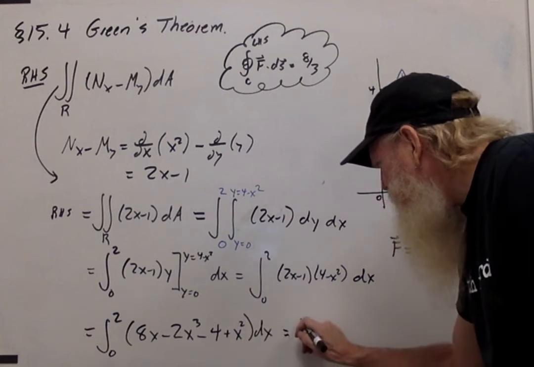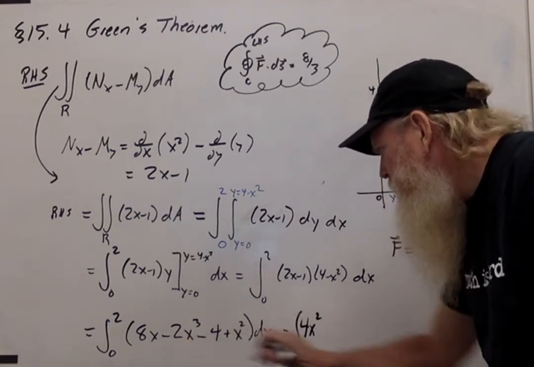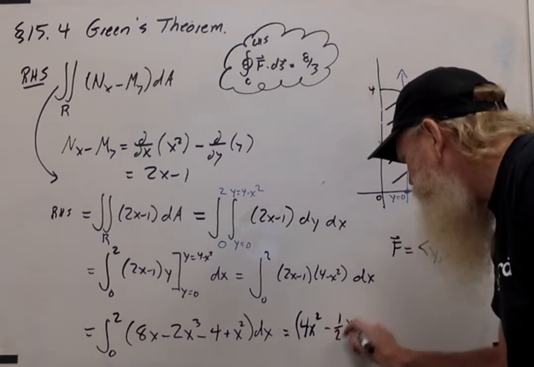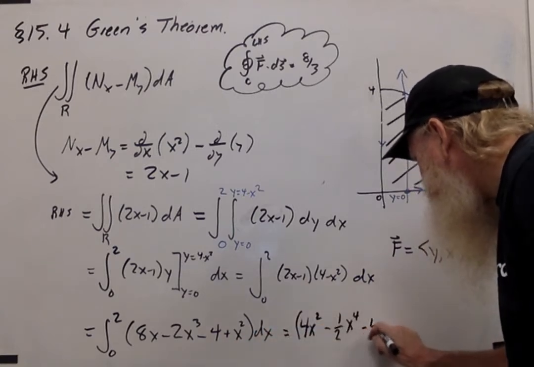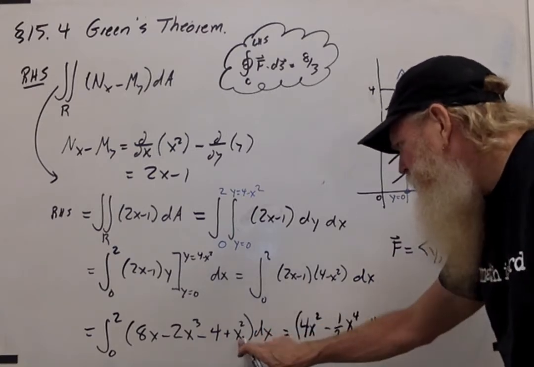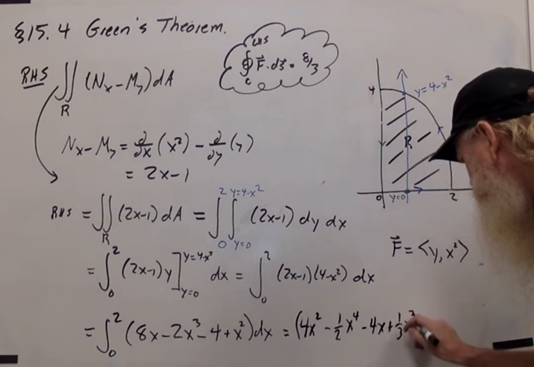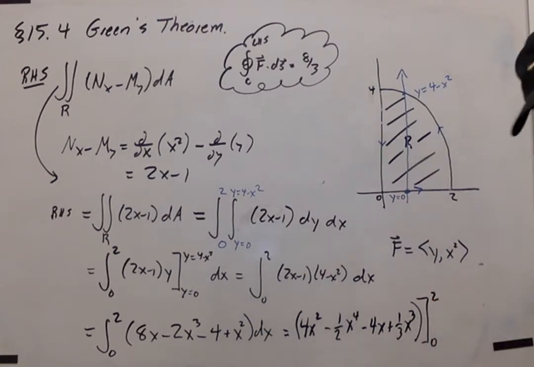The integral of 8x is 4x squared, minus 2/4, so that's minus a half x to the 4th, minus 4x, plus a third x cubed, all taken from 0 to 2.